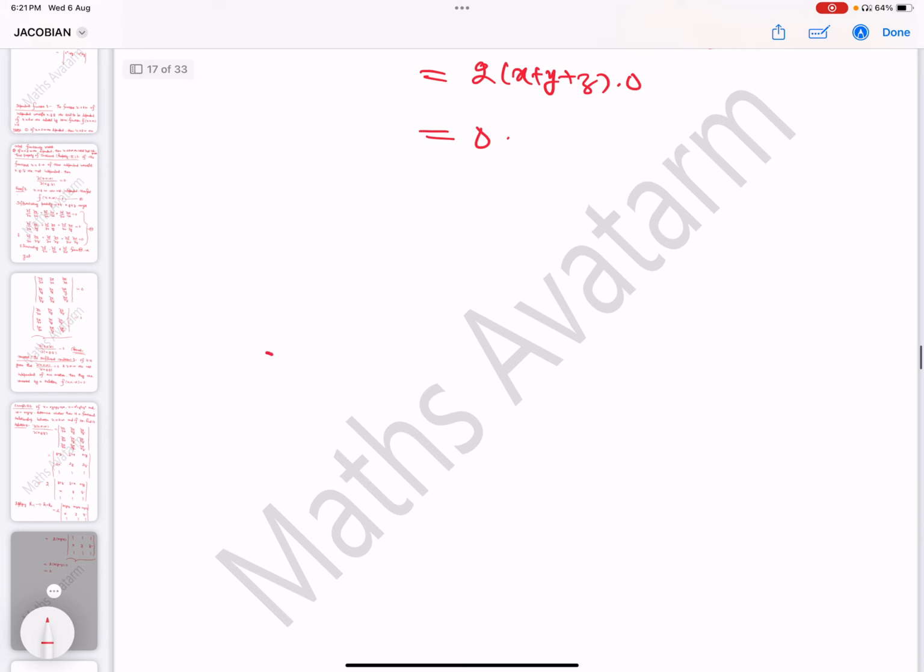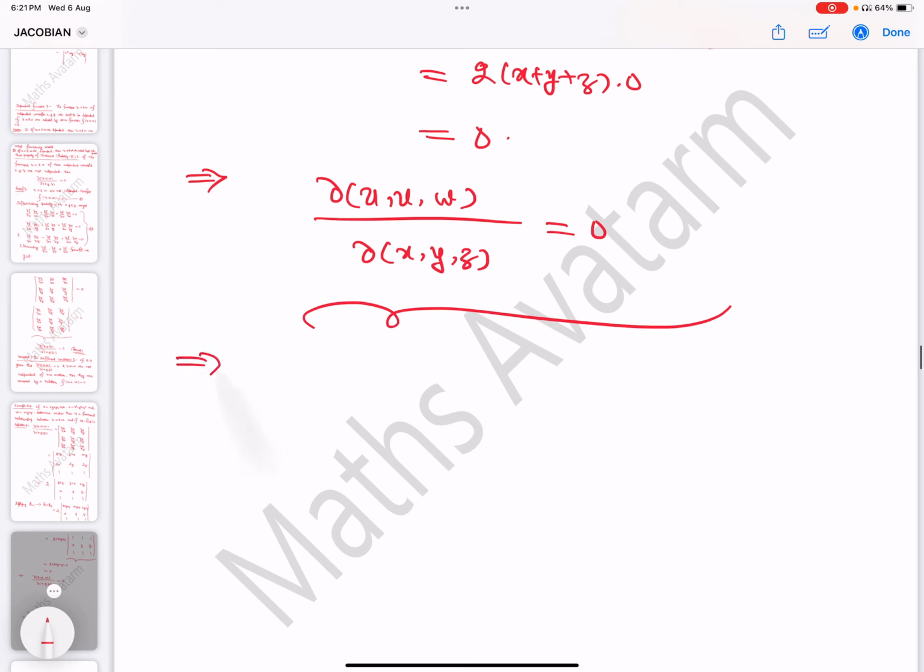So this implies del u v w with respect to x, y, z is 0. So this means that u, v and w are functionally related.